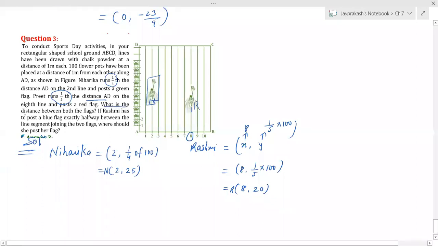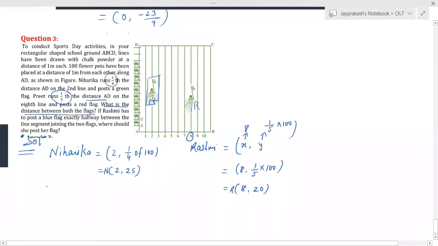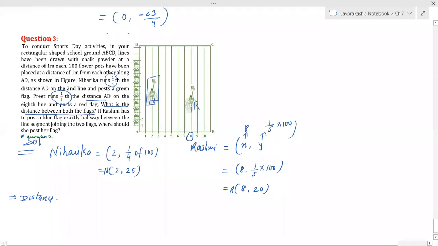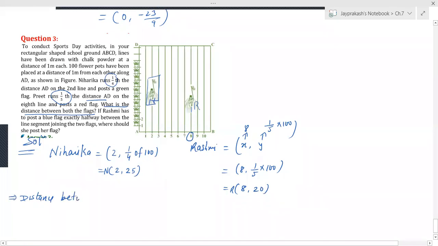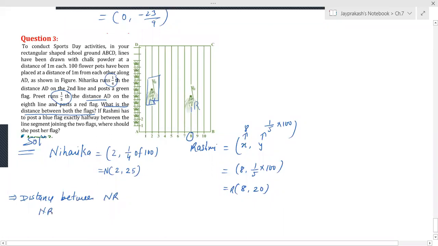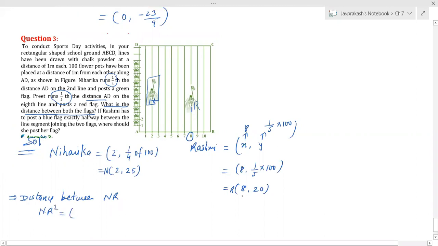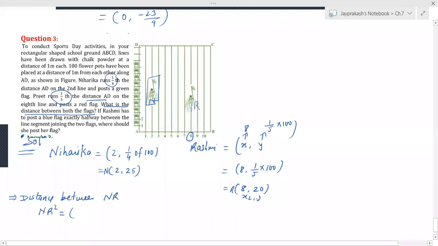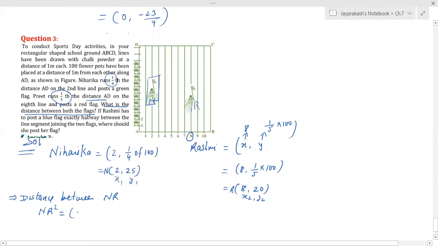Is what is the distance between the two flags? So you have to find the distance between N R by using the distance formula. X2 minus X1. So let this one as a X2, Y2, this one as a X1, Y1.